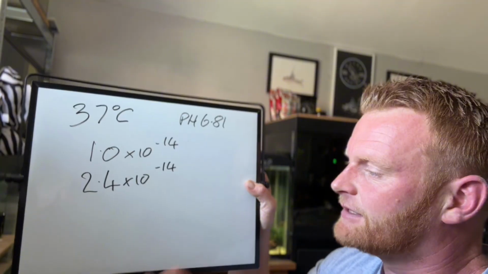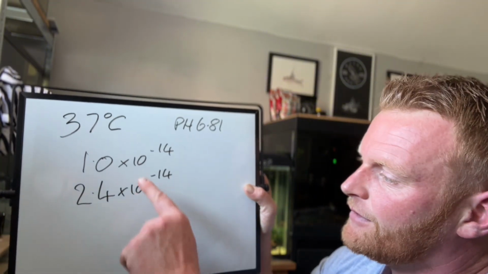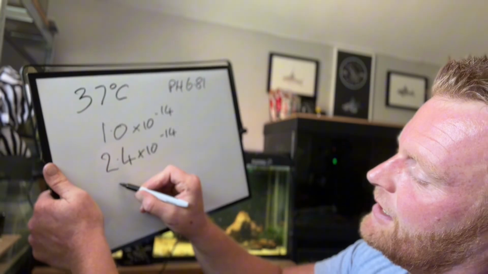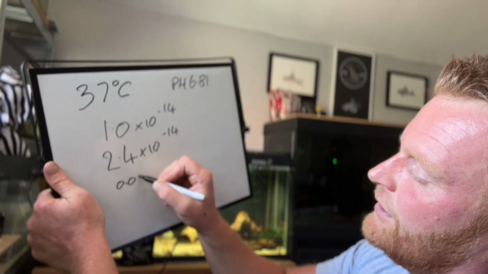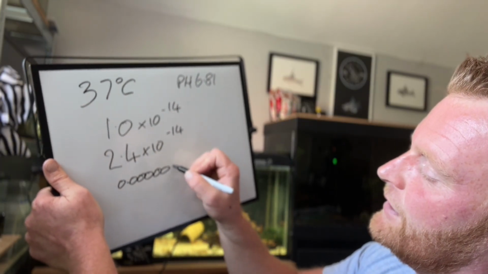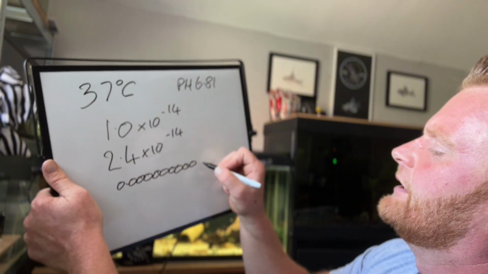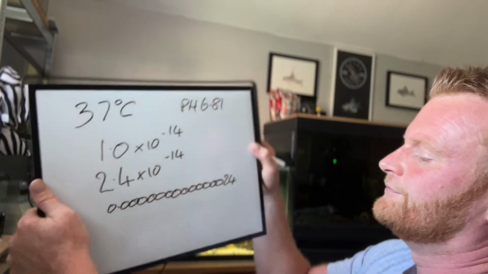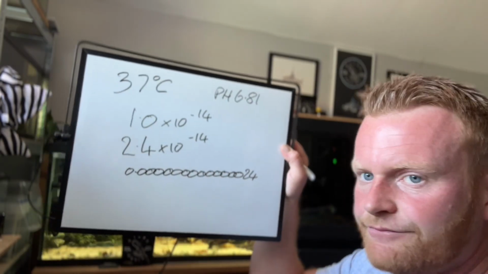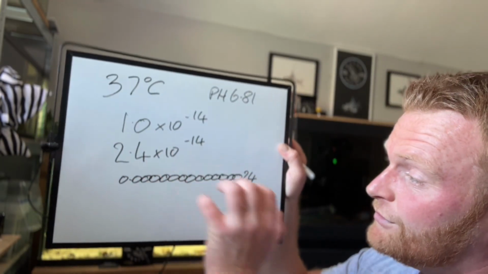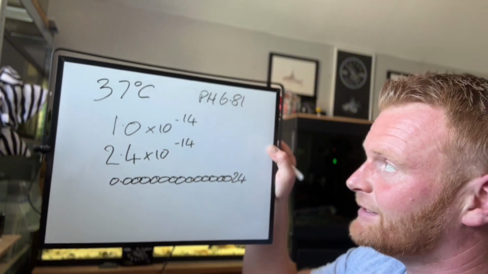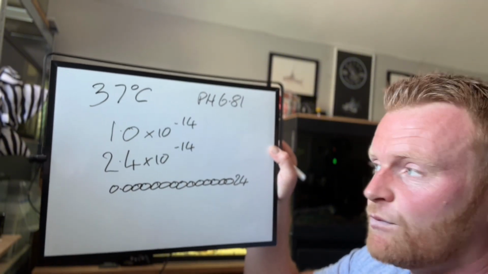Let's not get into that. That's not what today's video is about. But these two, or you could say that this is 0.1, 2, 3, 4, 5, 6, 7, 8, 9, 10, 11, 12, 13, 2, 4. They're the same. Okay? But those are neutral. 6.81 at 37 degrees, water is neutral.